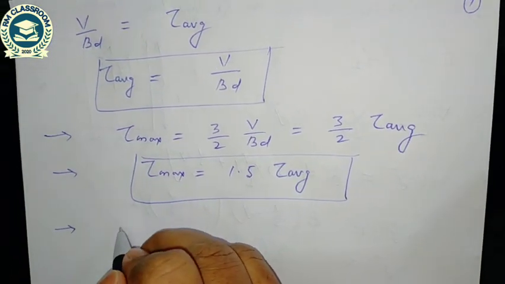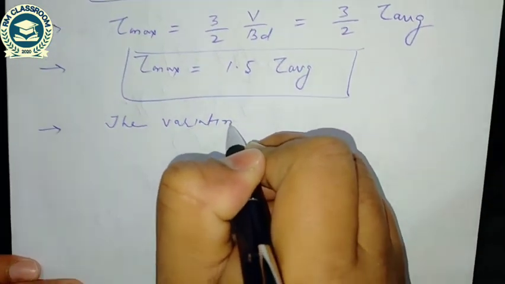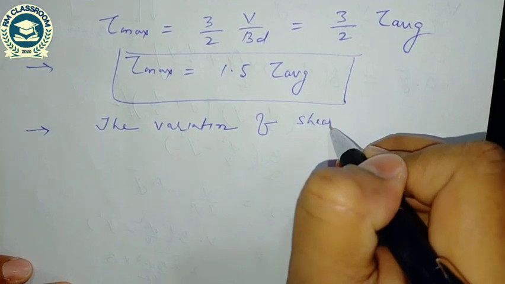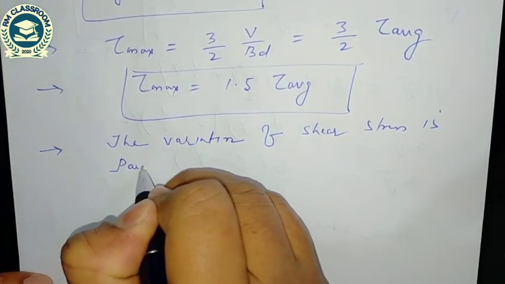As I told you earlier, the variation of shear stress is parabolic.